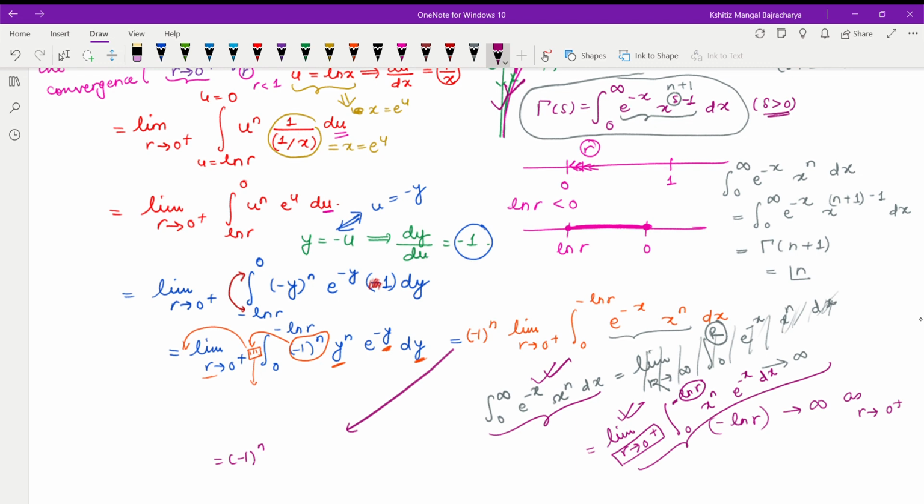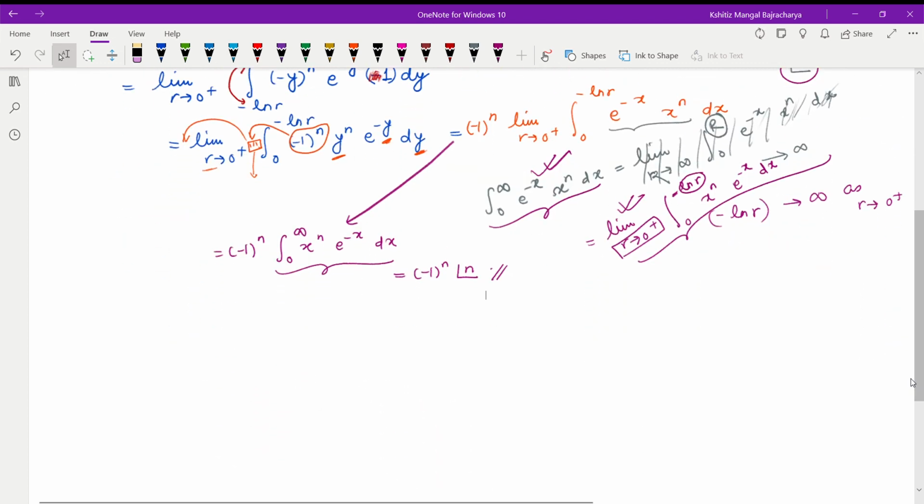Therefore this will simplify to minus 1 raised to the power n times the gamma integral 0 to infinity x to the power n e raised to the power minus x dx. Now this was found to be equal to the factorial of n, so we can write factorial of n like this.